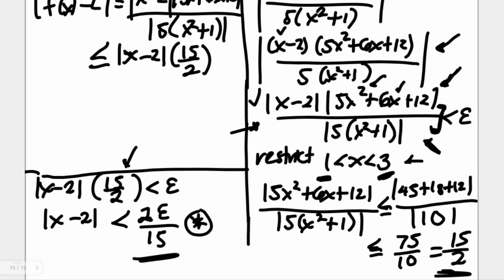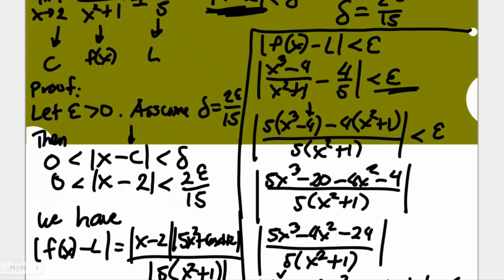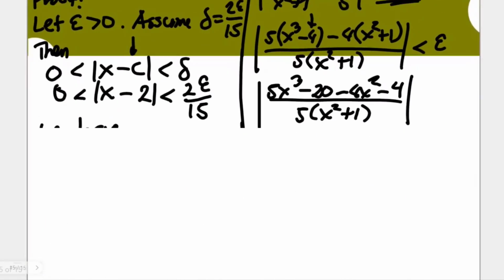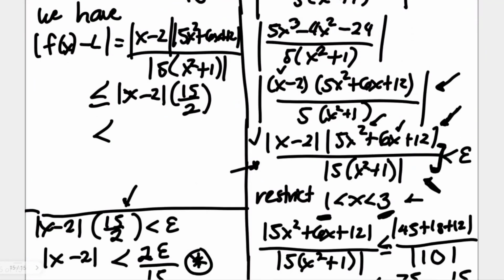And what was x minus 2? This is less than delta, assumed to be twice epsilon over 15. So you have twice epsilon over 15 times 15 halves, which will give us epsilon.